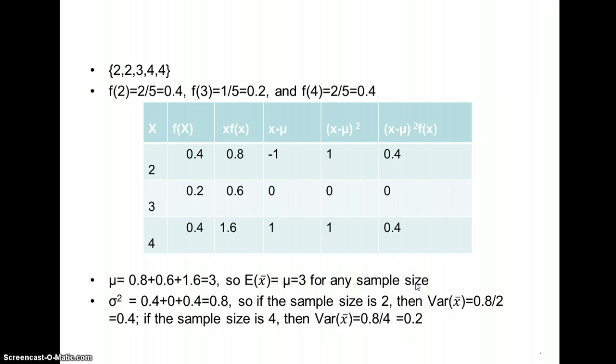It doesn't matter how many numbers you pick: 2, 3, 4, 5, doesn't matter. Even if the sample size is 36, you're still going to get the same expected value. So the expected value of the sample mean never changes because of the size, but the standard deviation and variance change depending on the sample size.